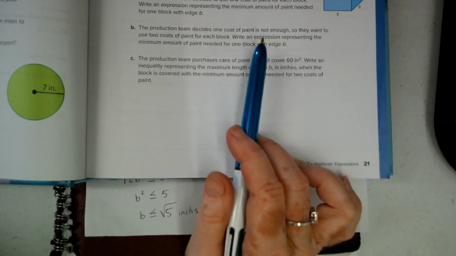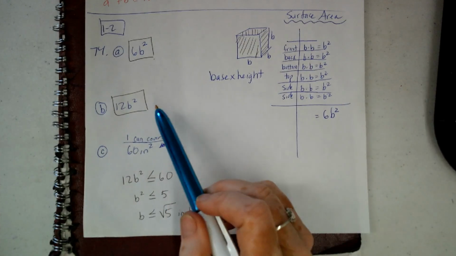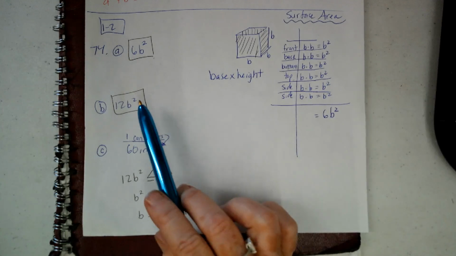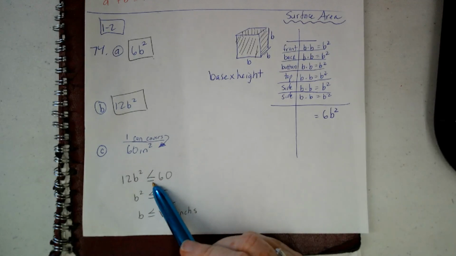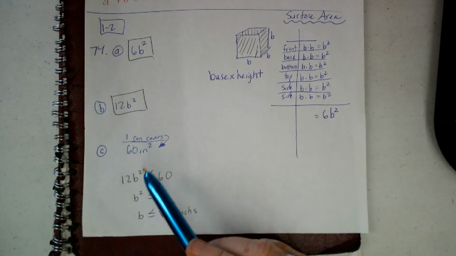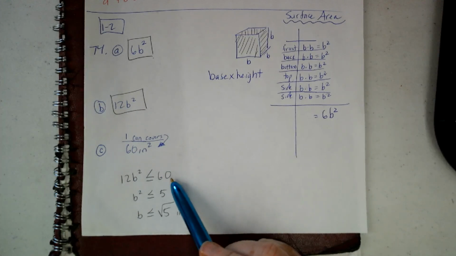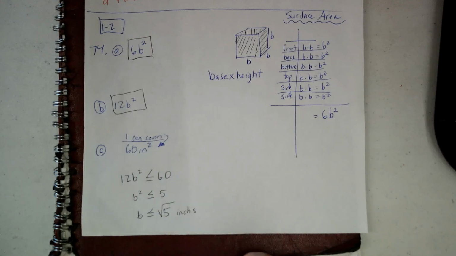Well, we just figured out the minimum amount of paint for 2 coats of paint was 12b squared. So I need to write an inequality, and I know that I have to cover 12b squared. 1 can of paint covers 60 square inches.